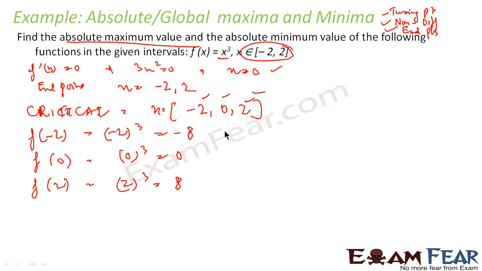So if you see here, this is the minimum value and this is the maximum value, just by observation. Thus I can say that this is the absolute maxima and this is the absolute minima. Correct? Got the approach? You have to first find the critical points. Once you have the critical points, you find the value of f at all these points, and then by observation we can find the maxima and minima.